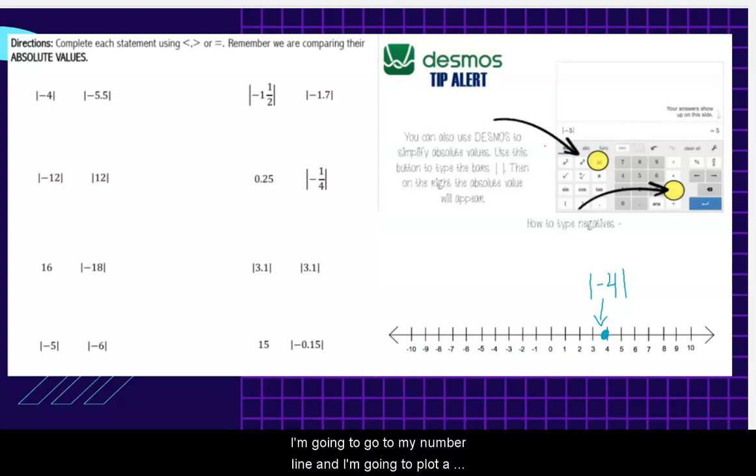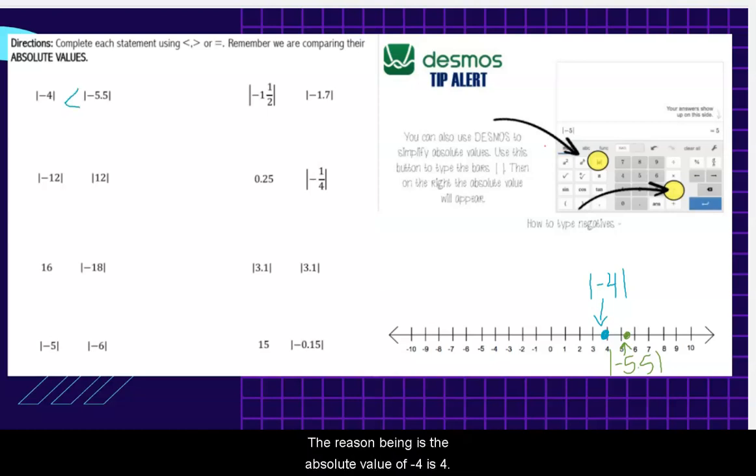So I'm going to go to my number line and I'm going to plot a point at positive 5.5 because the absolute value of negative 5.5 is actually going to be a positive number because it represents the distance from 0. So we can see that the absolute value of negative 4 is less than the absolute value of negative 5.5. So the symbol that we would use to compare the two numbers would be a less than symbol.